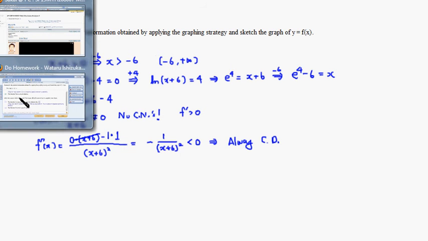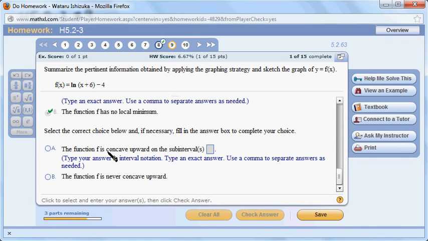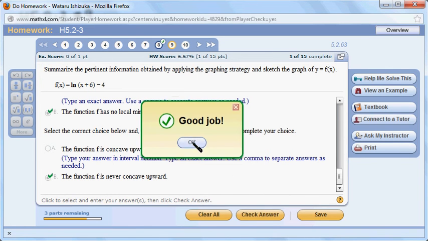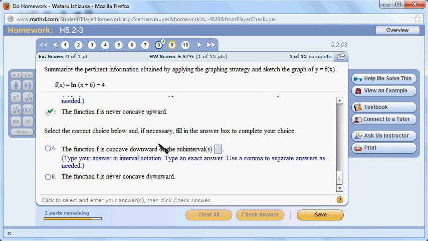It's never concave up. Concave downward: it's always concave downward, from negative 6 to positive infinity.